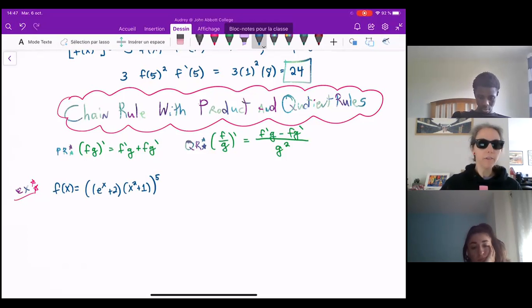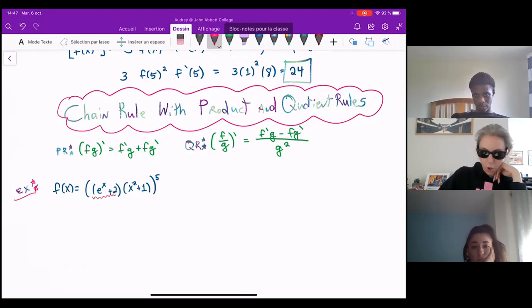Okay, so we have f of x is equal to e to the x plus 2 times x squared plus 1, all to the power of 5. So what I want us to notice here, do I have a function to the power of 5 or just x to the power of 5? Got it, I have a whole function.